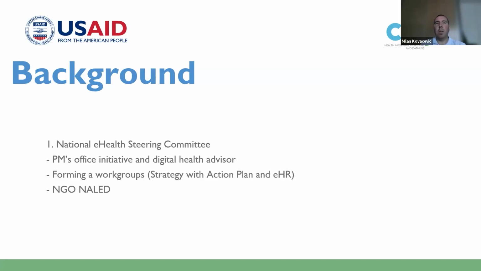Source documents such as health sector strategies, like legal documents, were obtained by the group, and legal and policy analysis documents were drafted. The first work group, related to the strategy and action plan, selected the WHO National e-health toolkit at the time.